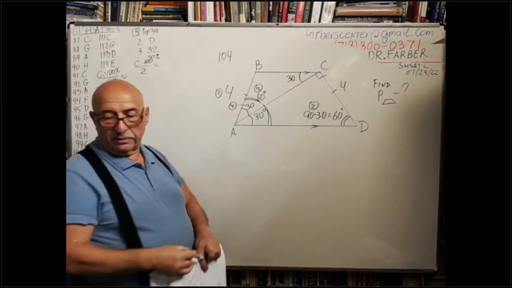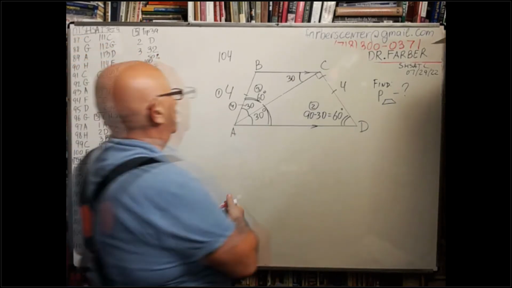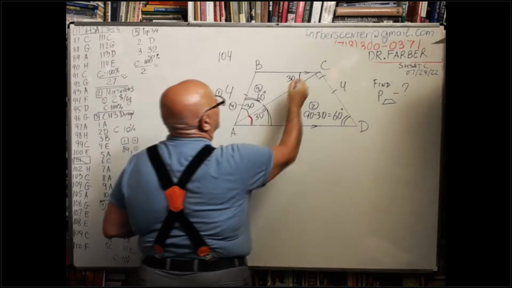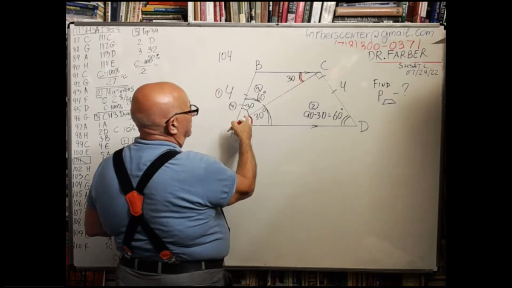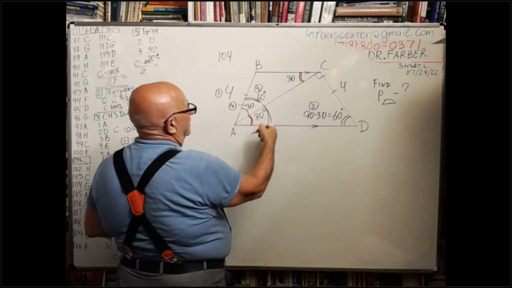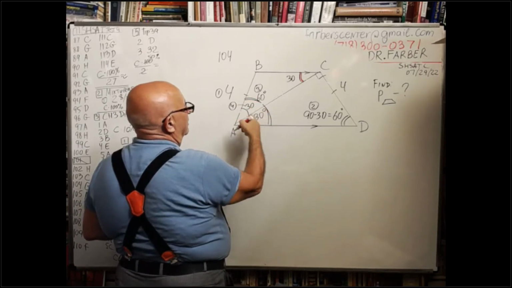I will use a different color to make it easier. Dr. Farber, is the angle next to A also 30? This one? Yes. Okay, thank you. Since this is 60 and this is 30 given, 60 minus 30, this angle is 30.